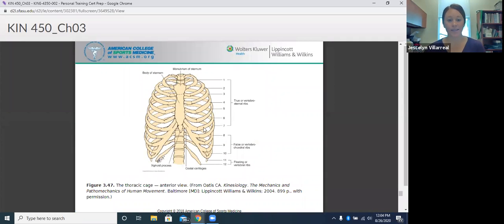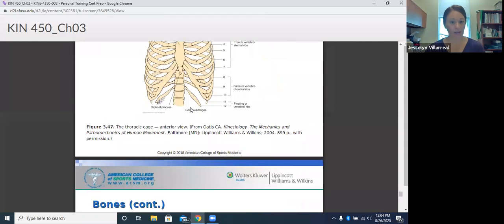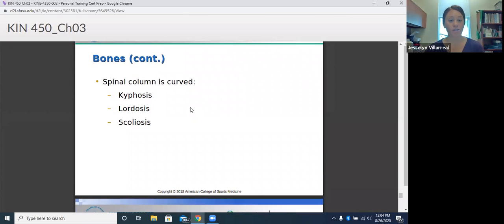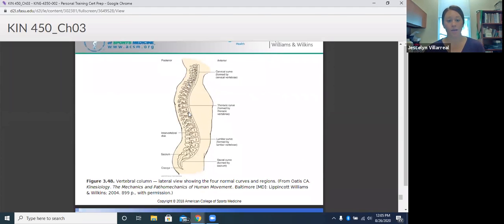Here is your thoracic cage. On page 103, we will look at the different curves of the spinal column, kyphosis, lordosis, and scoliosis. This is your normal curves, neutral position.